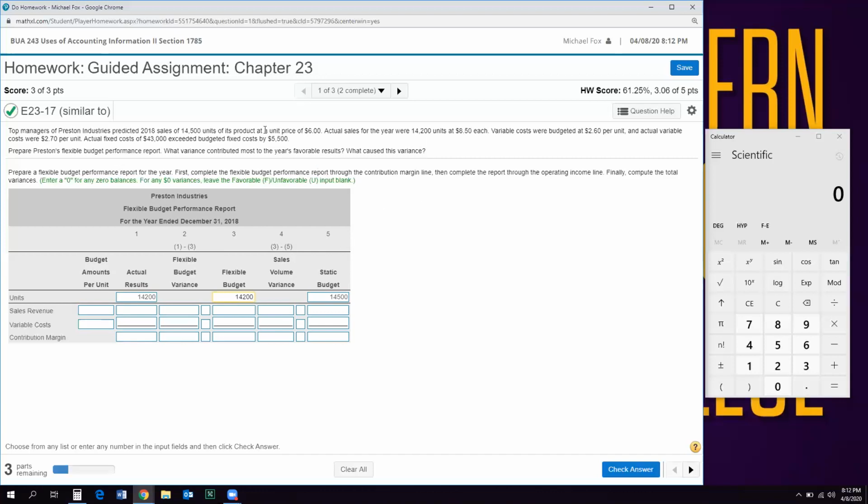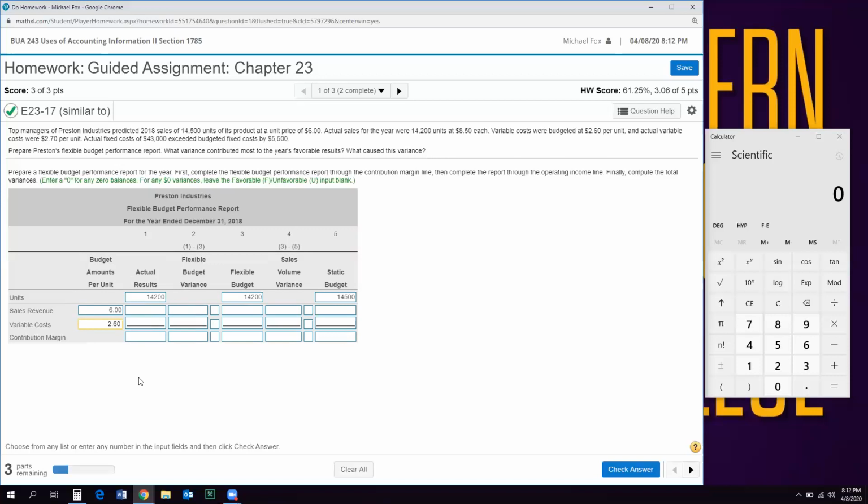They predicted 14,500 units at a price of $6, so their sales revenue per unit budgeted was $6. The variable costs were budgeted at $2.60. The rest of this we have to calculate.